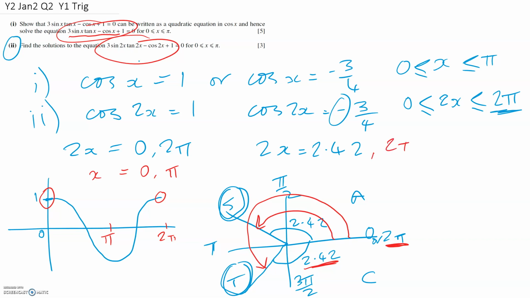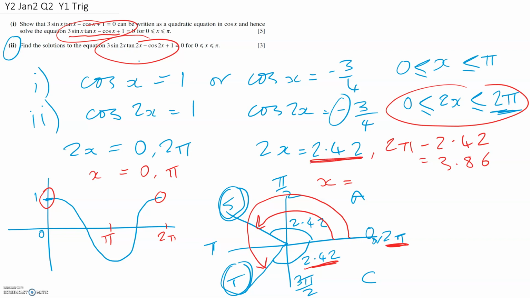So if we do 2 pi minus 2.42, that will give us a value of 3.86. And there aren't any more solutions between 0 and 2 pi. So now right at the very end, we divide everything by 2.